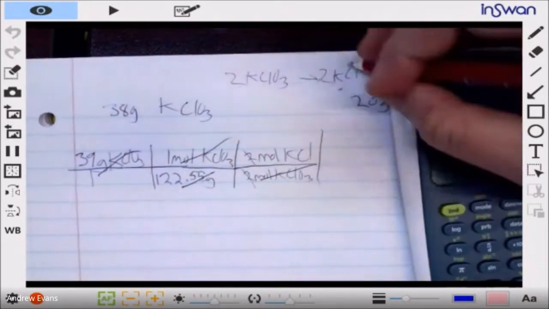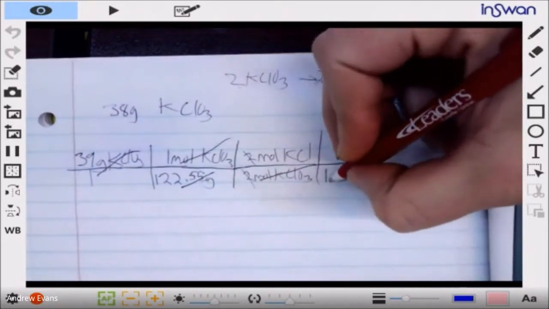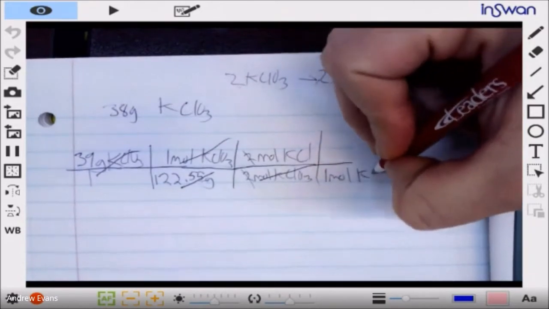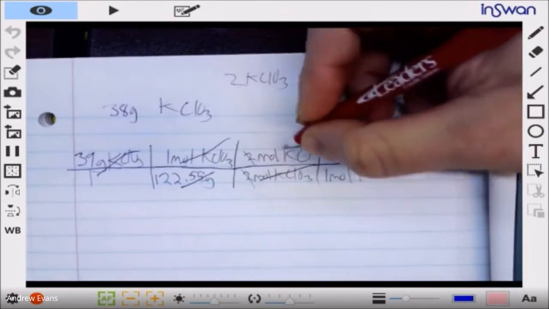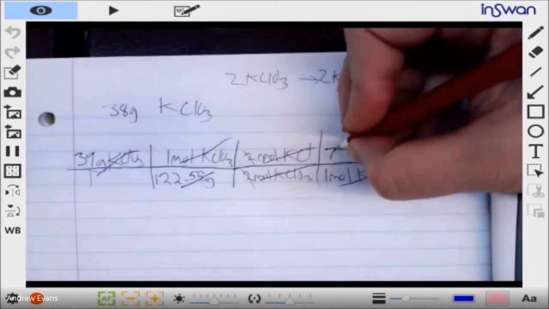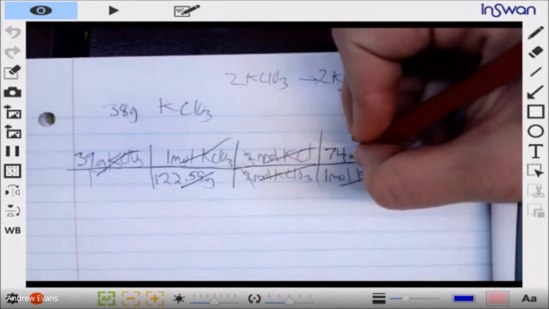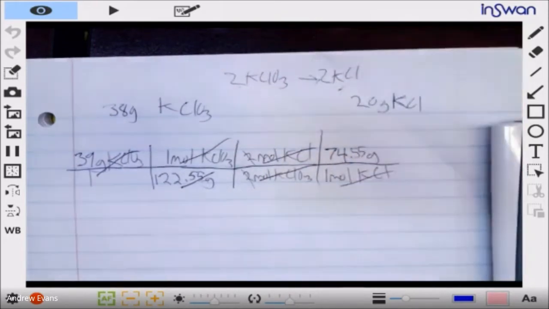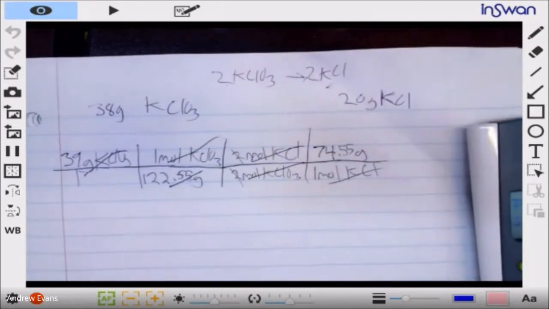And then the last one, we need the molar mass of KCl. In 1 mole of KCl, how many grams do we have? Well, 39.1 and 35.45 leaves us with 74.55. Okay, so we have our numbers set up.